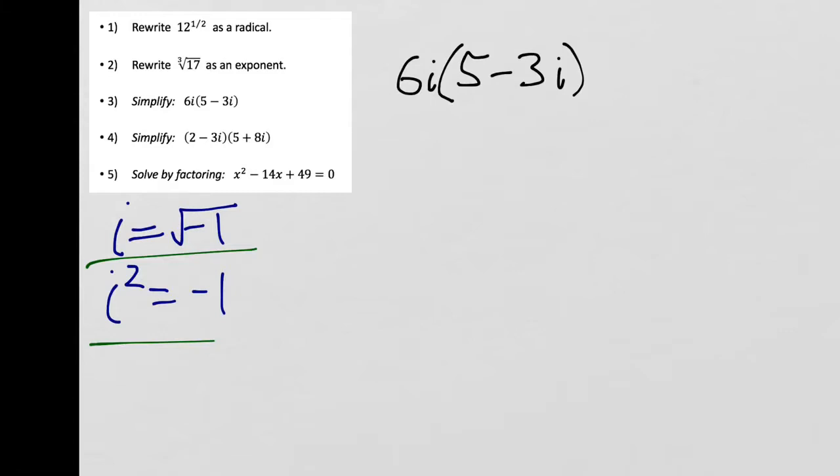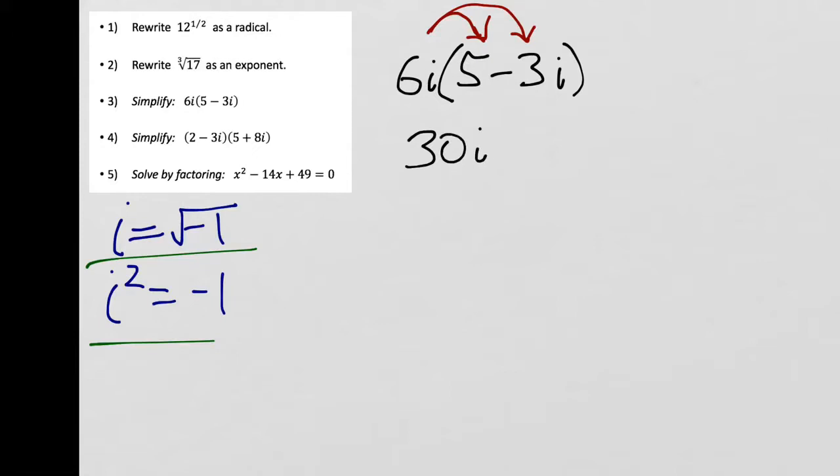Okay? So we're going to use both of those things as we distribute this 6i into the set of parentheses, just like we would distribute any number into any binomial. So 6i times 5 is 30i.